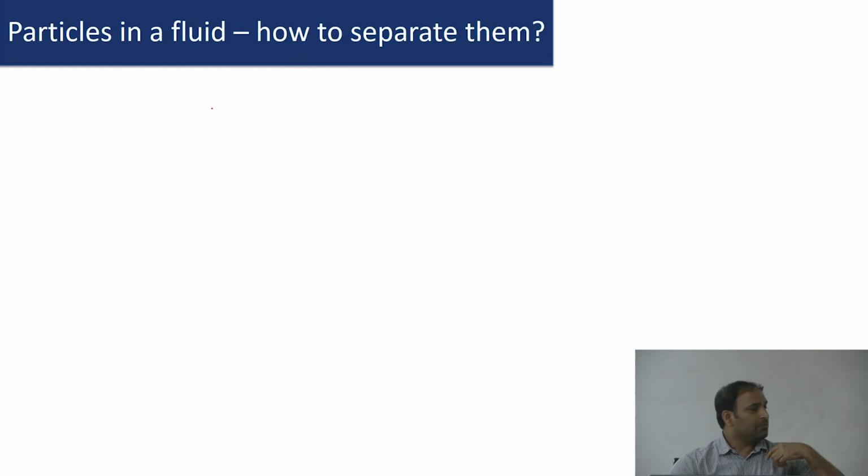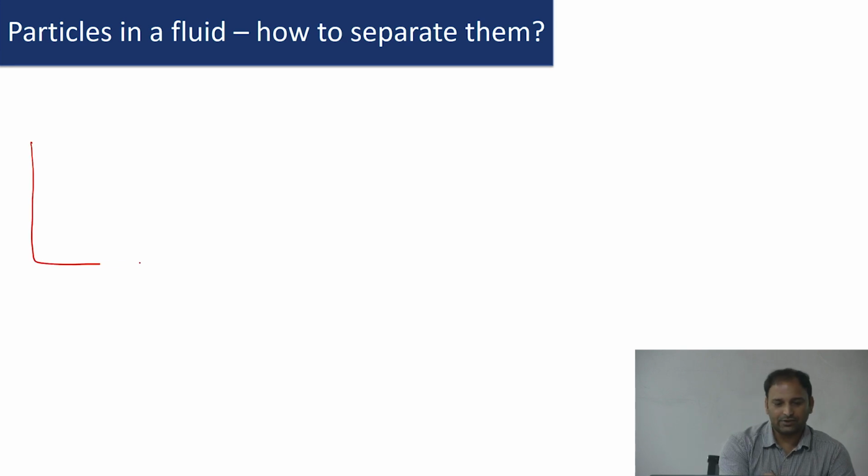Now, some aspect that we're going to look at in the course is, if I have a fluid particle system, how do we separate particles, okay. So any thoughts? Let's think about a case, okay. I have a container, okay.